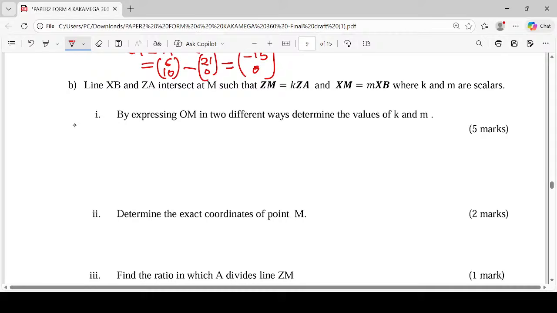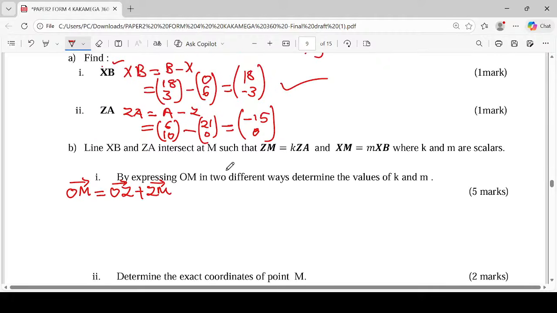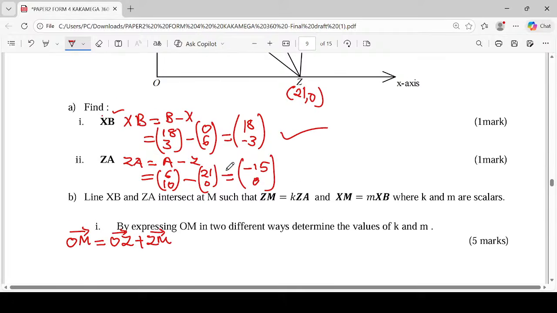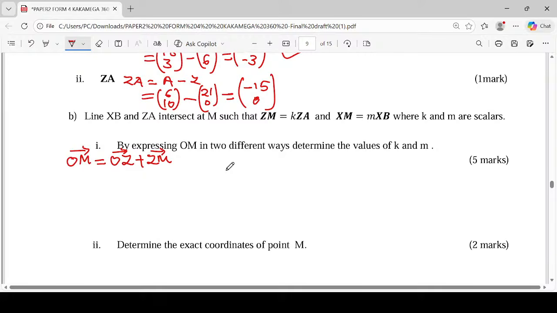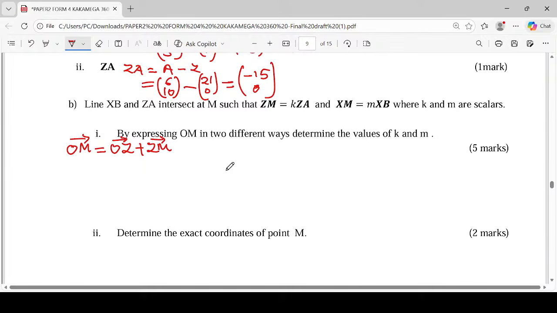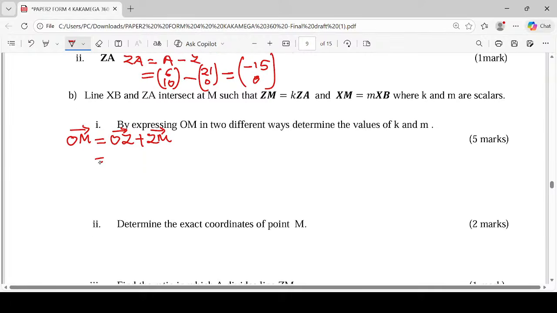OM is equal to, first I'll move from O to Z, then Z to M. Then O to Z, because I'm referencing from the origin, it is just like the coordinate of Z, which is 21, 0.